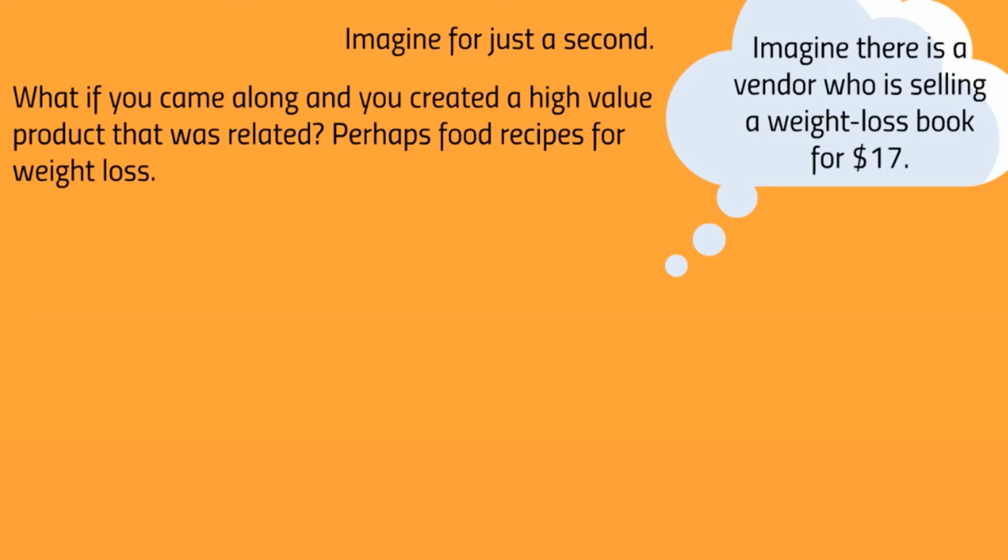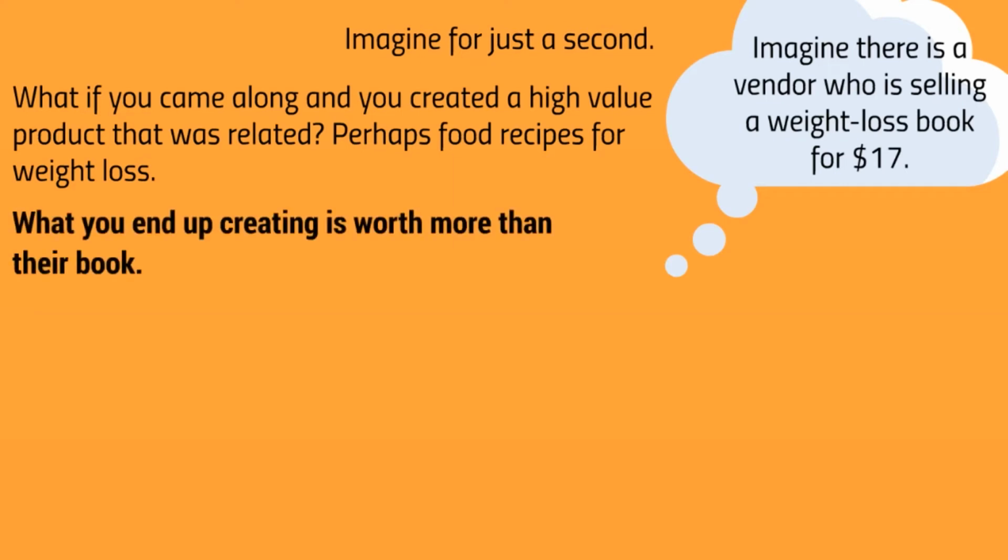So in this case, perhaps because their book is about weight loss and training exercises, you can create a high value product related indirectly that is about food recipes for weight loss.